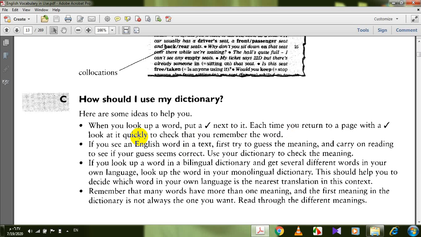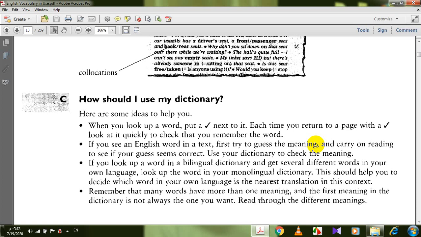So just check the word up and tick it. If you see an English word in a text, first try to guess the meaning. It is a very good idea. If you come across a word that you don't know for the first time, don't check it up straight away. Give yourself an opportunity to guess the meaning.